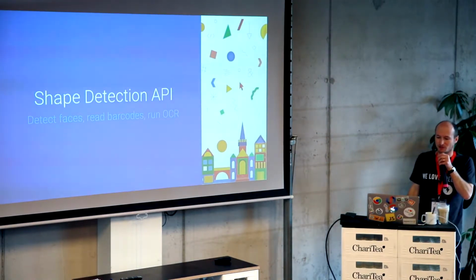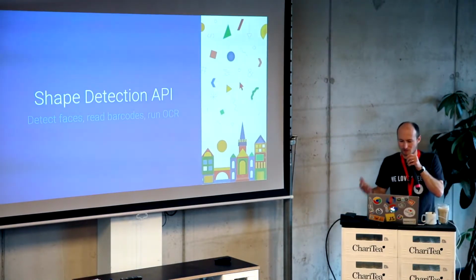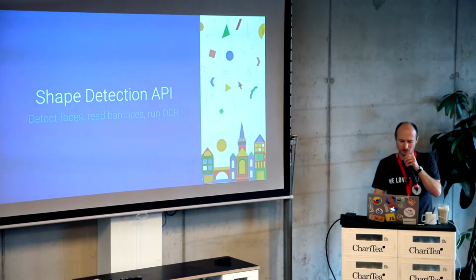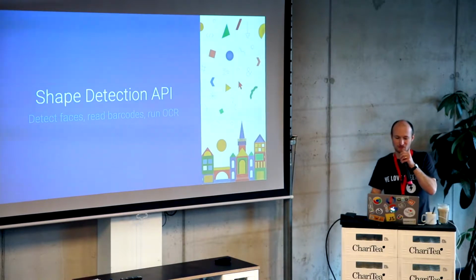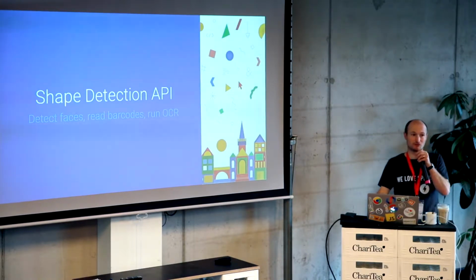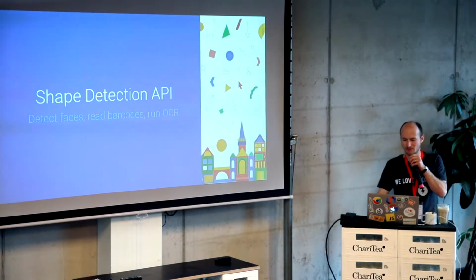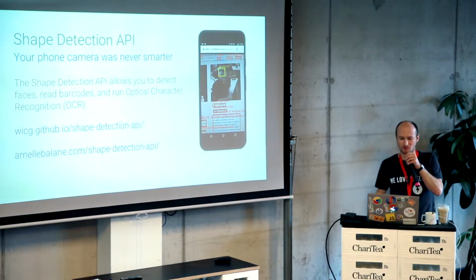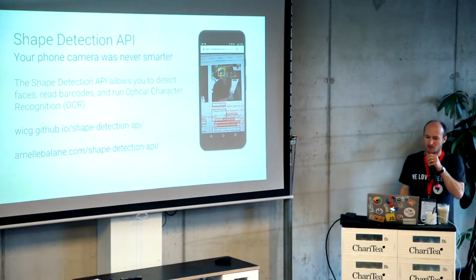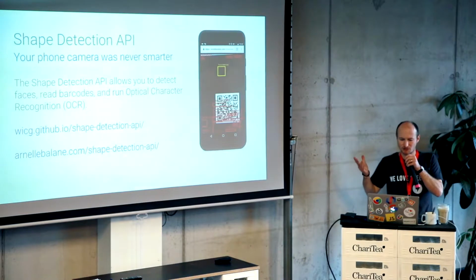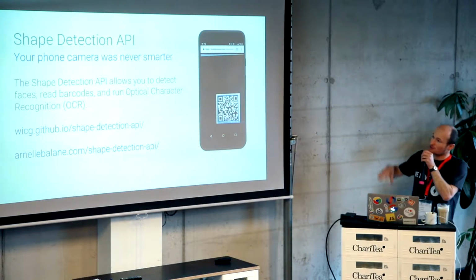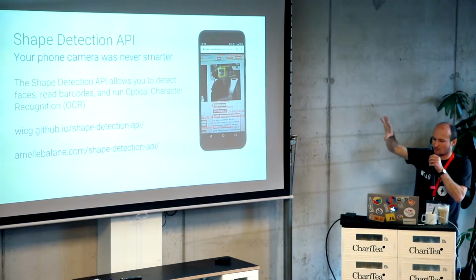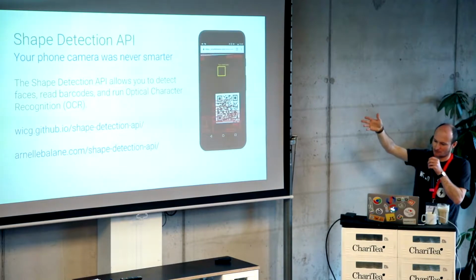Shape detection API. That's also something that is pretty amazing once you've seen it or once you've tested it. Shape detection API allows you to detect faces, read barcodes, and even do OCR, optical character recognition, right from the browser. And what you can see here is a little demo where I'm just looking at different websites and barcodes.